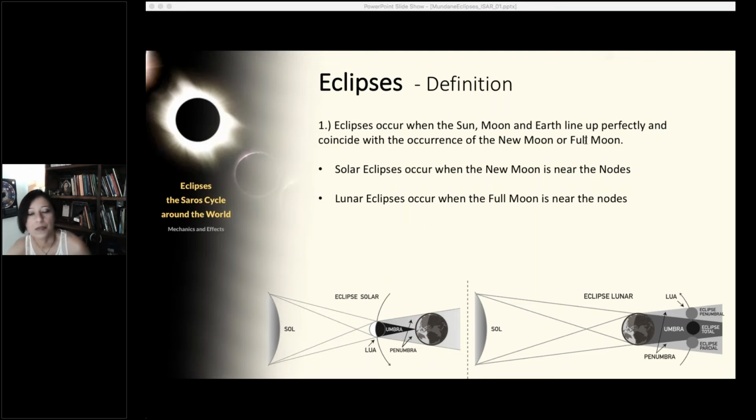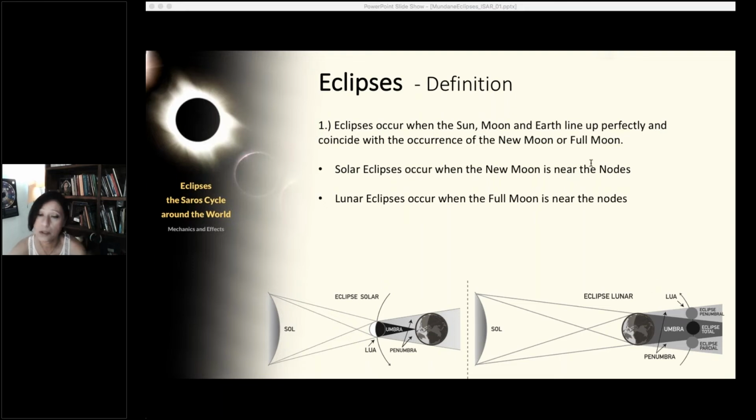That happens on a very narrow and specific path on Earth, and that's why the solar eclipses are rarely visible, because you need to be under the path of totality to be able to see it total. If you're in the proximity, you may see it partially.